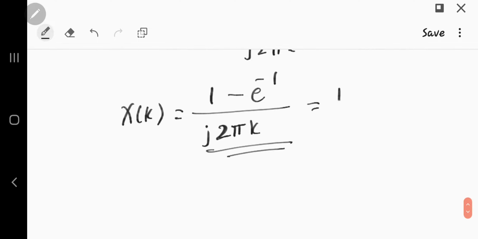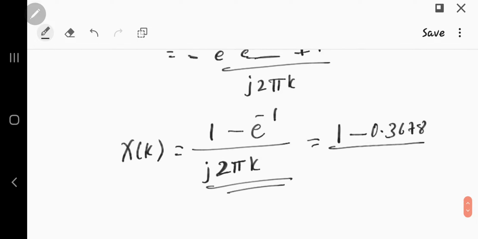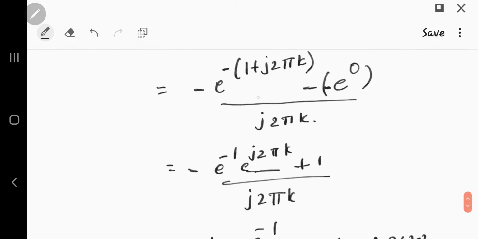Or you can further simplify this with 1 minus the value of e to the power of minus 1. I think you are going to get this as 0.3678 divided by j 2 pi k here. Now if you continue this, I think it is 1 plus, right?